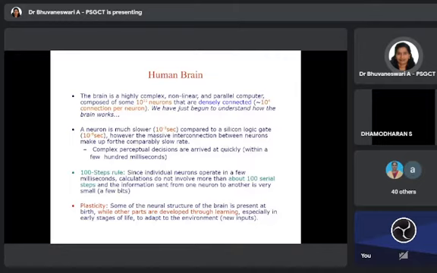The background is white, the title and the other are saffron or orange. Then you have the word densely connected in blue, the other text are in black, and the 100-step rule is represented in green color. So totally there are 5 different colors.